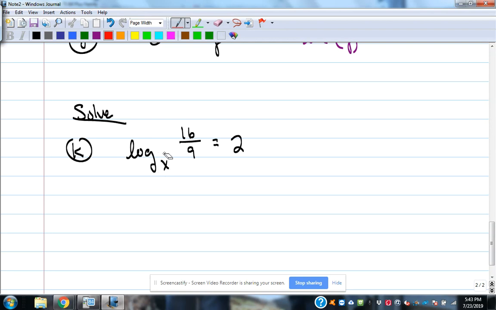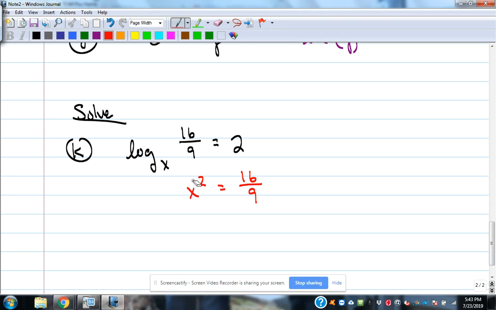But we do know how I could rewrite a logarithmic statement as an exponential. If I rewrote this as x squared equal to 16/9, that problem makes a lot more sense. That's one that I've done something similar to before, that I could actually solve.